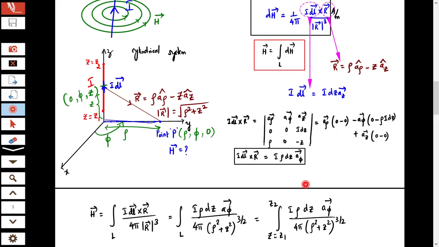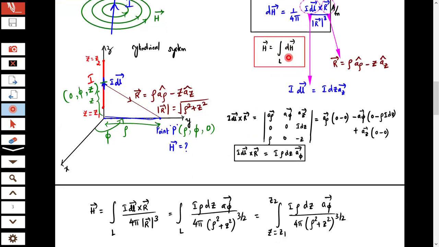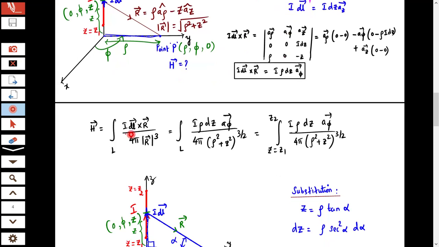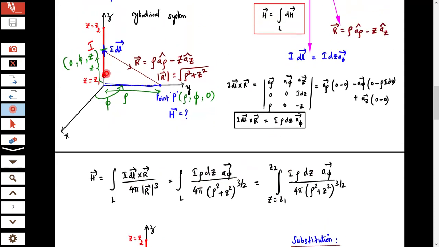So this is I dL cross R. We can substitute this I dL cross R into dH vector and integrate it over the entire length of the conductor, which will give the magnetic field intensity produced by the finite length of the conductor. So instead of I dL cross R, we put I rho dz a_phi, and the integration variable is z. Z has to be integrated throughout the length of the finite conductor, that is from z1 to z2. So the lower limit is z1 and the upper limit is z2.